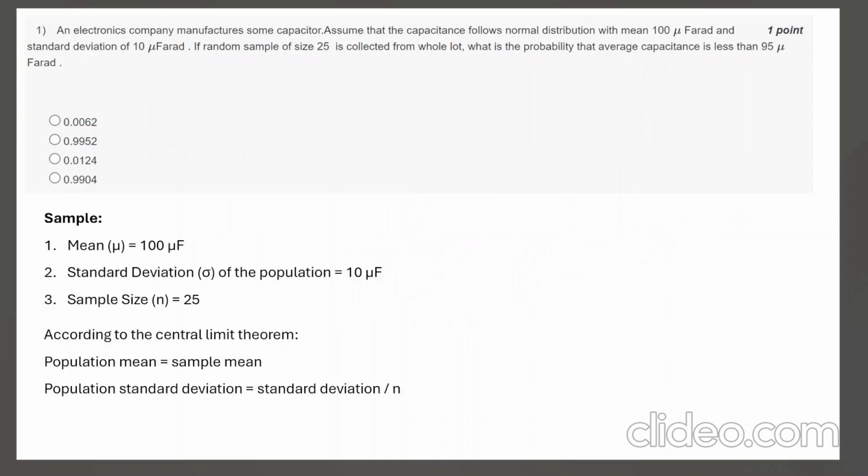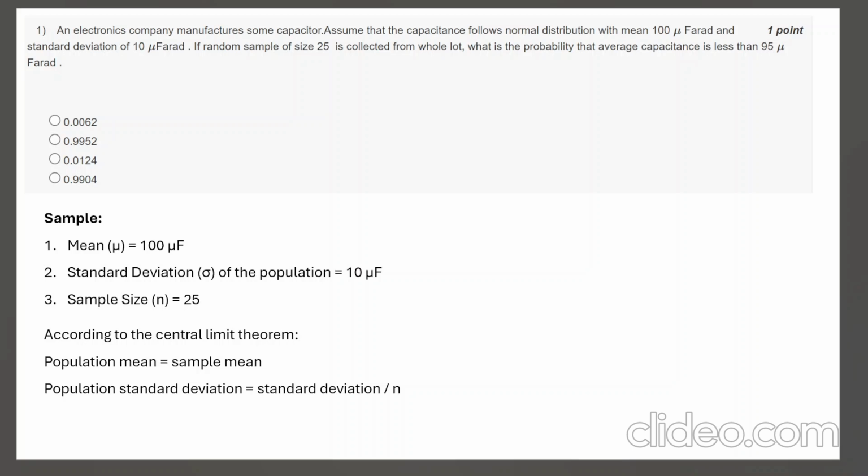So going to the first question. This is like a derivative of the second question, so by the order of proceeding, I preferred the second question first and then the first question. In this question, an electronics company manufactures capacitors.